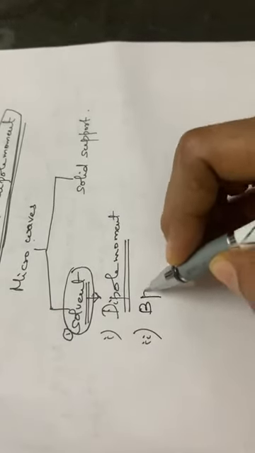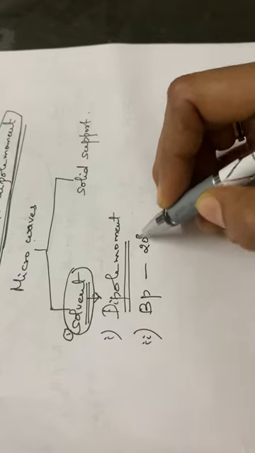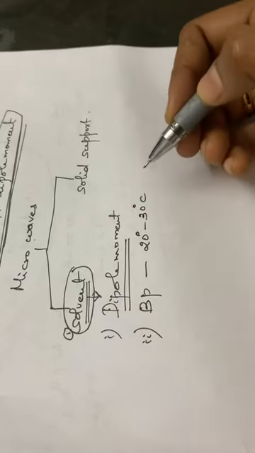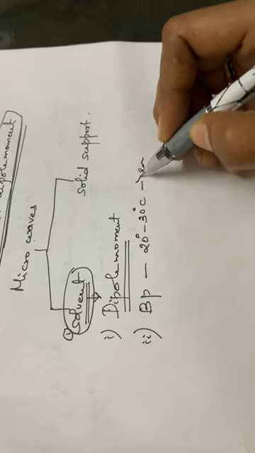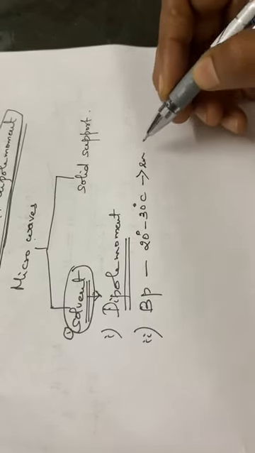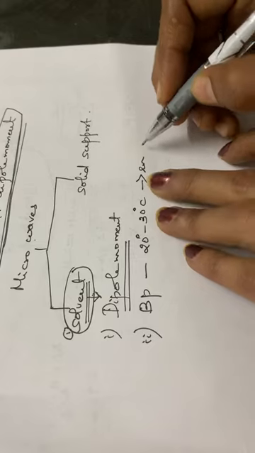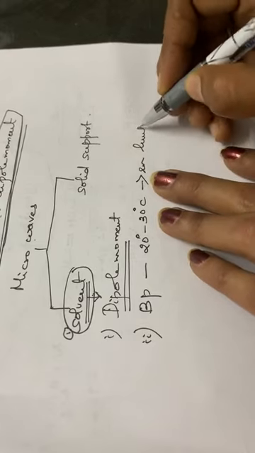And again, one more point is there. The second point is that the boiling point of the solvent should be about 20 to 30 degrees Celsius higher than the reaction temperature.